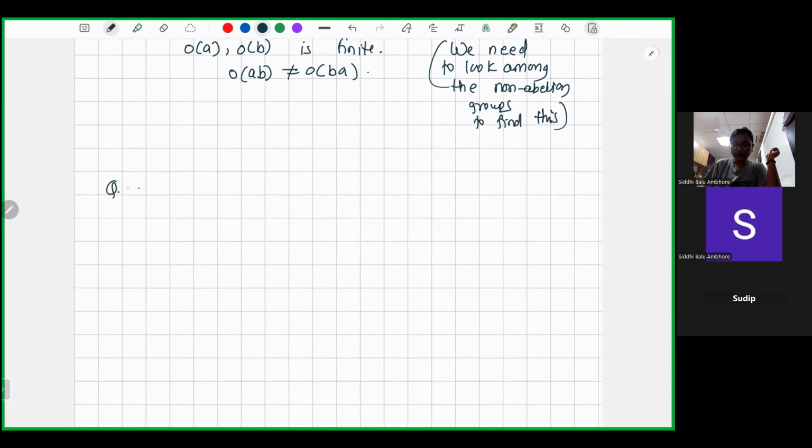We'll move to the next question: let G be a group of order 30, then G is a simple group.